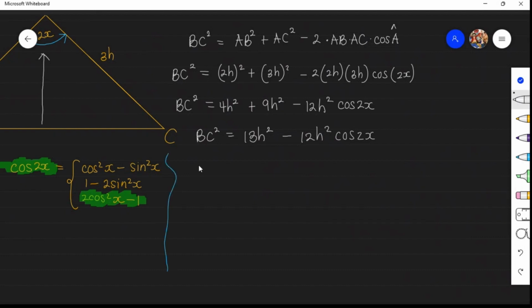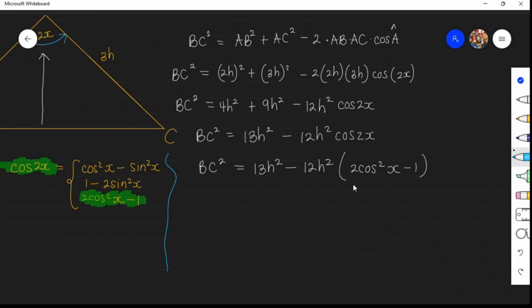So let us substitute. We have BC squared is equal to 13h squared minus 12h squared into 2 cos squared x minus 1.